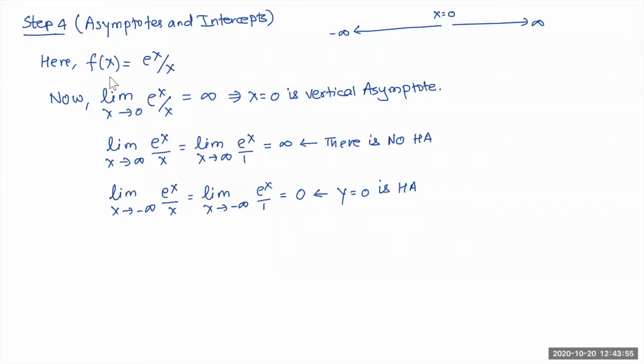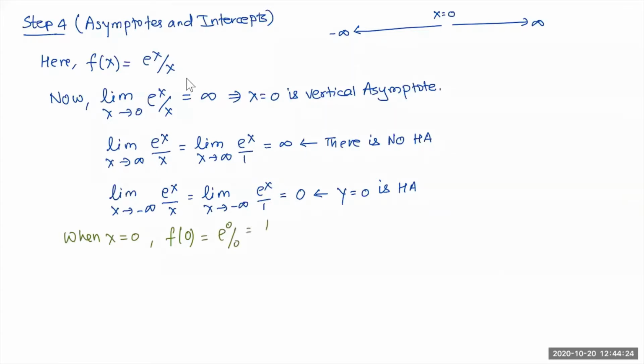Now, in order to get the intercepts, let's plug in x equal to 0. When you plug in x equal to 0, you'll get the y-intercept. So y equal to e to the 0 over 0.